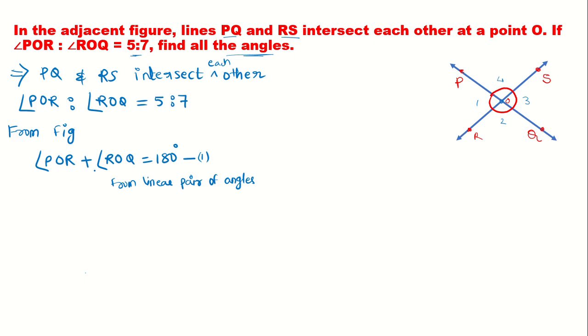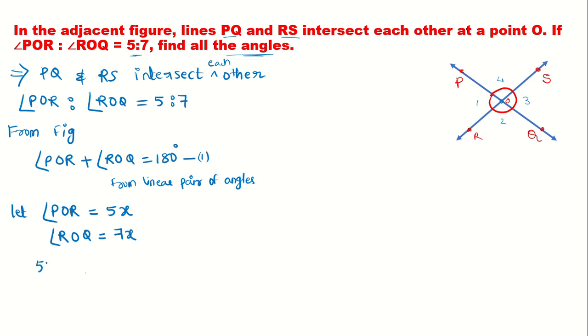Now, it is given that POR and ROQ are in the ratio 5:7. Okay. So, let angle POR equal 5x and angle ROQ equal 7x. Now, substitute these values in equation 1.